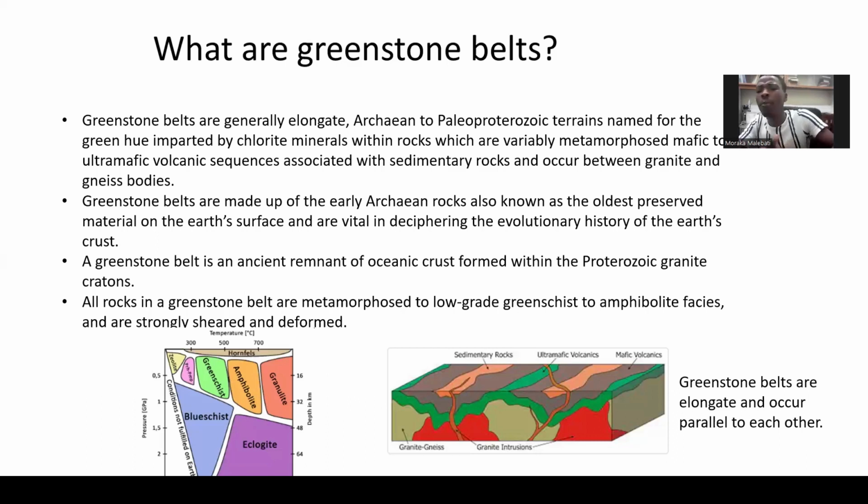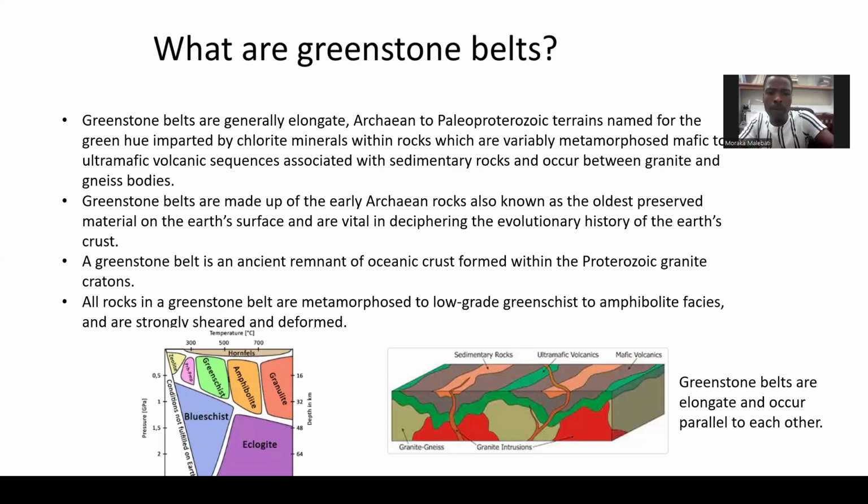Now, greenstone belts are made up of early Archaean rocks, known as the oldest preserved material on Earth's surface, and they are important in deciphering the evolutionary history of the Earth's crust. If we want to understand the evolution of the early oceanic and continental crust, the seas, and also the atmosphere, we use these greenstone belts to understand the ancient Earth's crust.